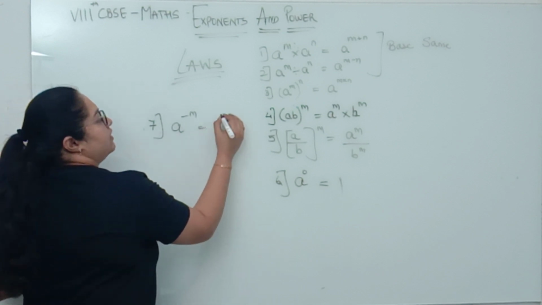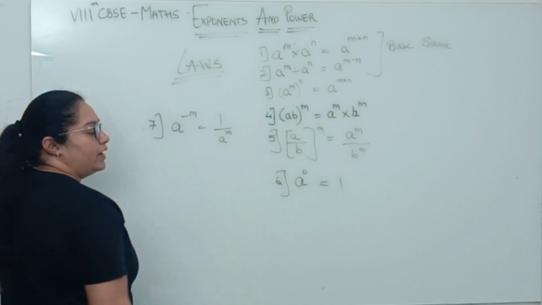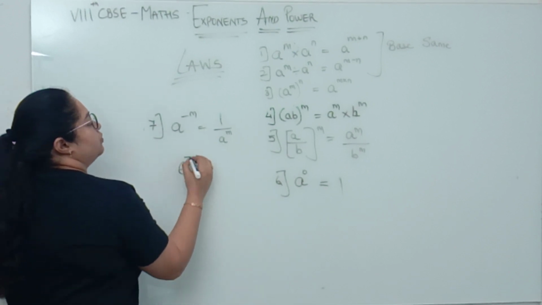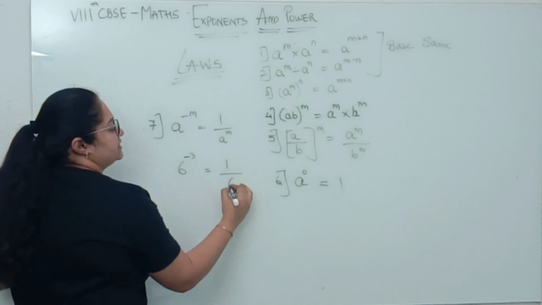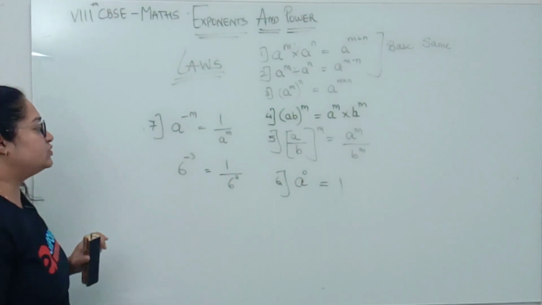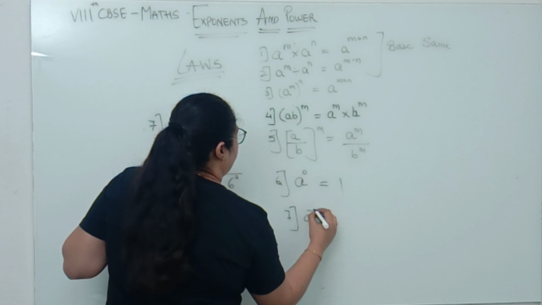So what will be your answer? 1 / a raised to m. सो कीप इन माइंड, अगर तुमको एग्जाम्पल 6 raised to -3, तो आंसर क्या हो जाएगा? 1 / 6 raised to 3. ये क्या हो जाएगा? पॉजिटिव हो जाएगा.